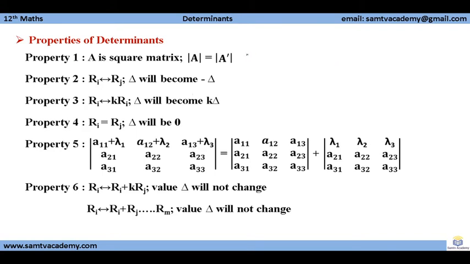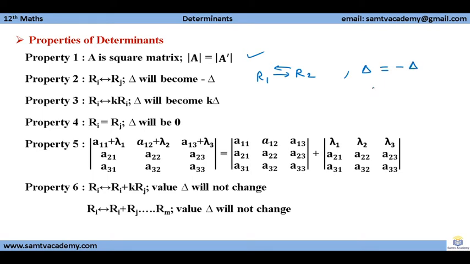Property 2 says that if you interchange R1 and R2, meaning you make R2 into R1 and R1 into R2, then the value of the determinant changes by a negative sign.